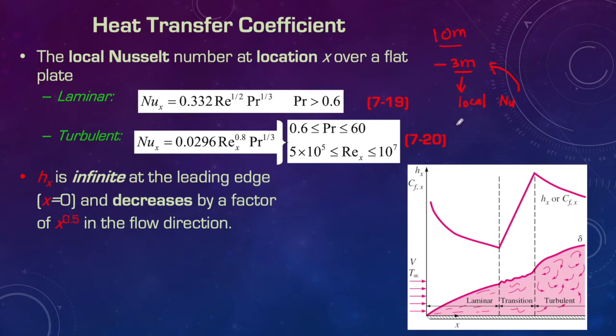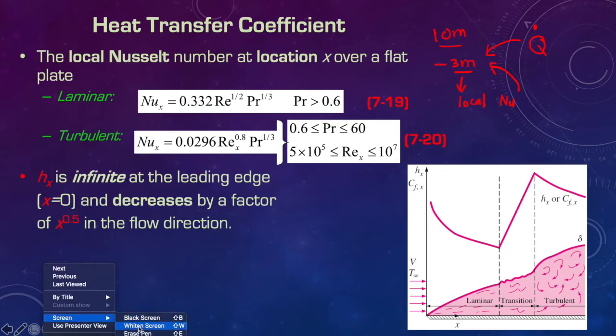Okay, so in order for us to determine the Nusselt number, let's say we want to find the rate of heat transfer at 3 meter for a flat plate 10 meters in length. So how? Let's take a look at how to do this.